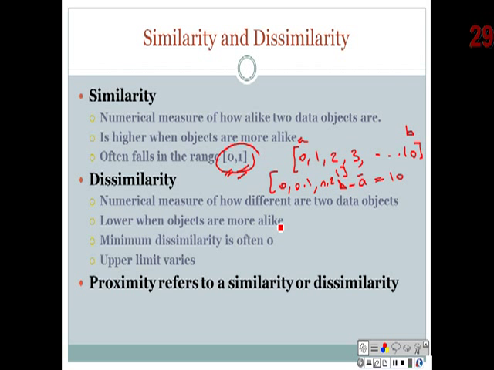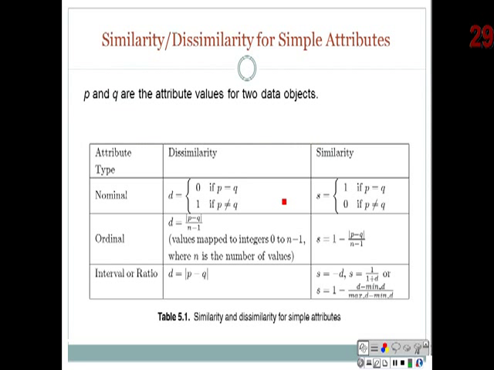Usually it is also between 0 and 1, or it could go from 0 to infinity, based on the measurement that you want to follow. And this is a very typical way of transforming your data.